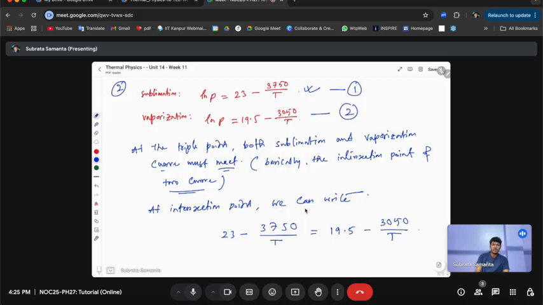Is this point clear or not? I substituted ln P from equations 1 and 2 because they intersect, and at the intersection point we can write this.